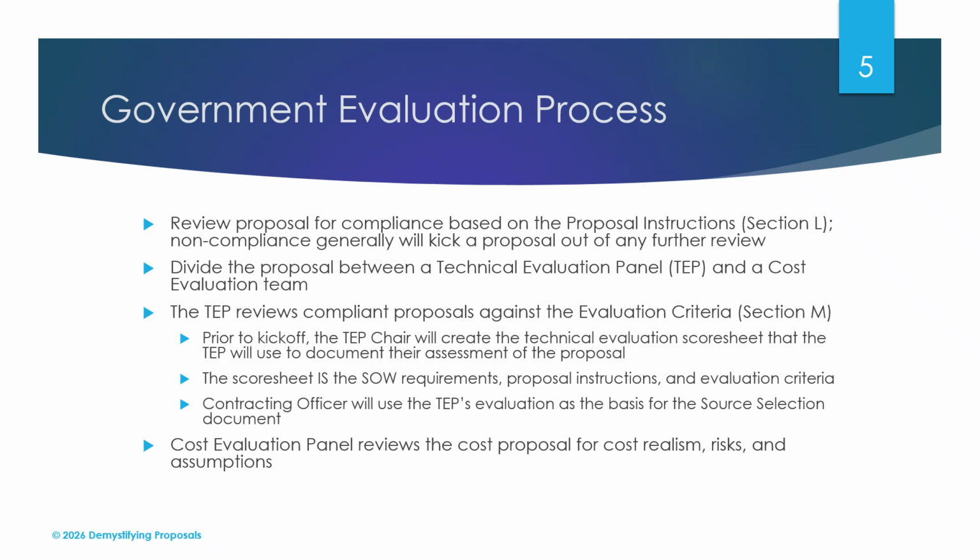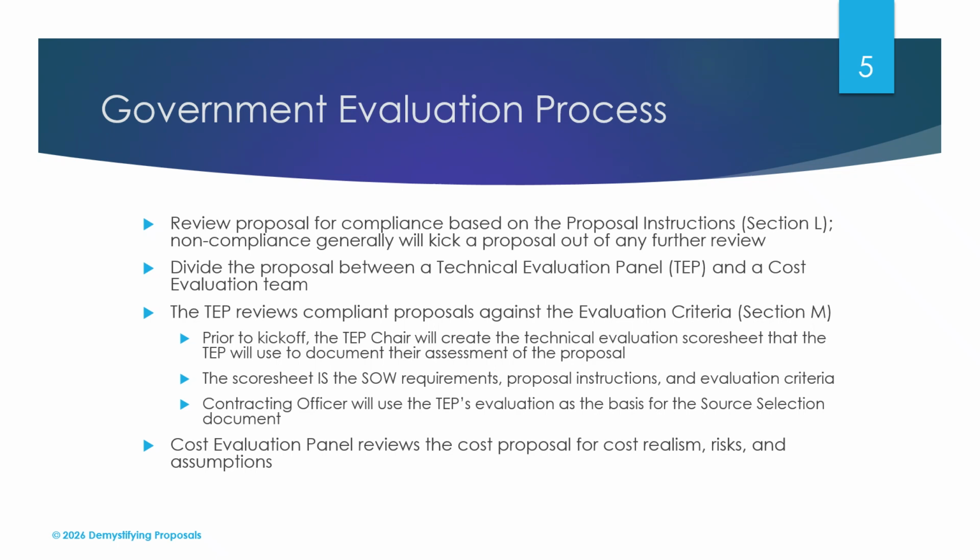The score sheet is the statement of work requirements, or the SOW requirements, the proposal instructions, and the evaluation criteria. The contracting officer will use the TEP's evaluation as the basis for the source selection document once they get to that phase of the government evaluation process.